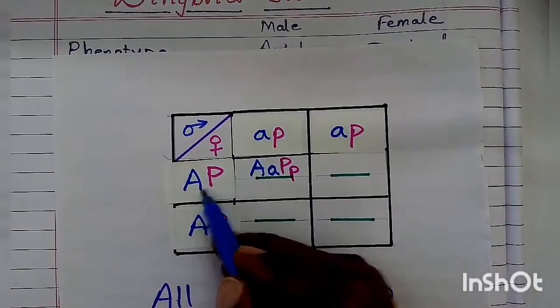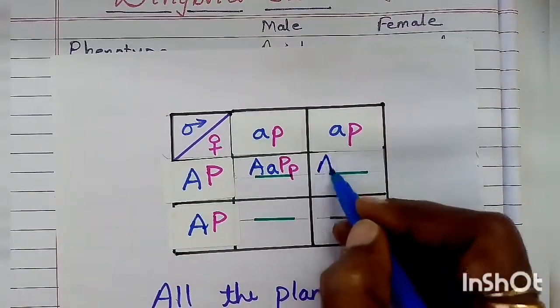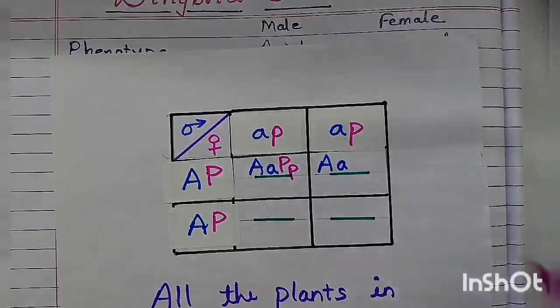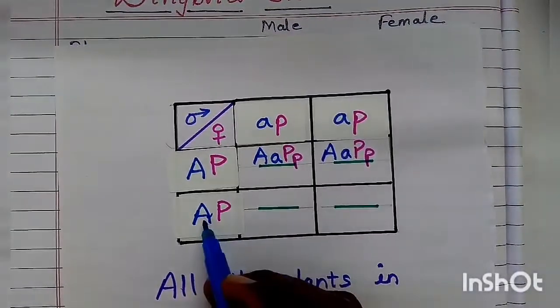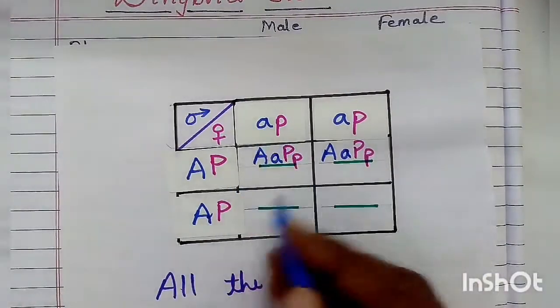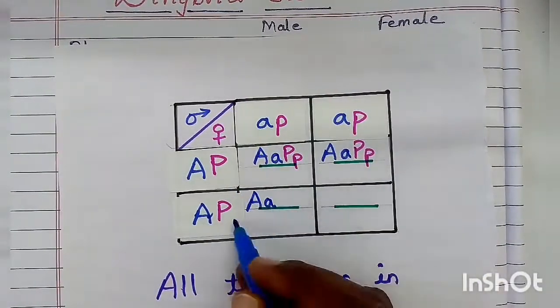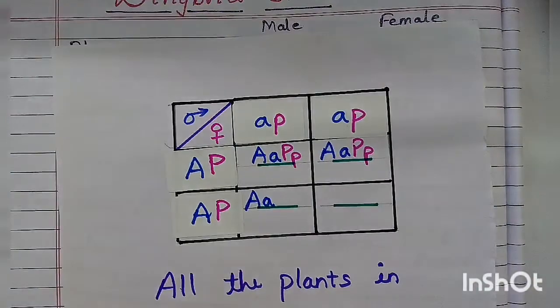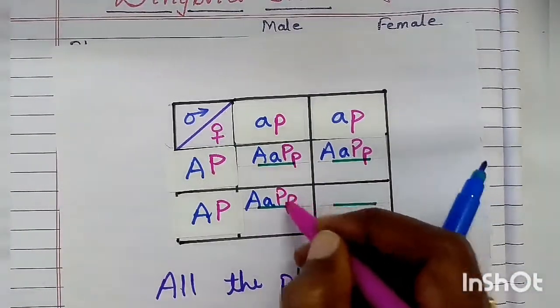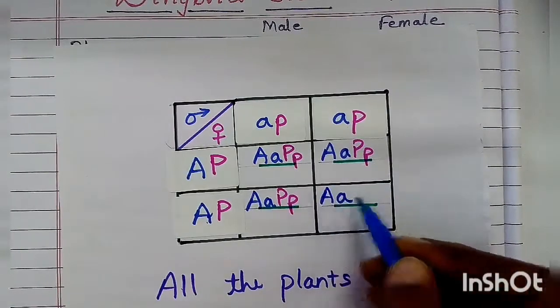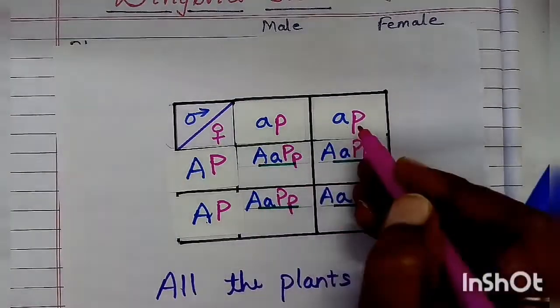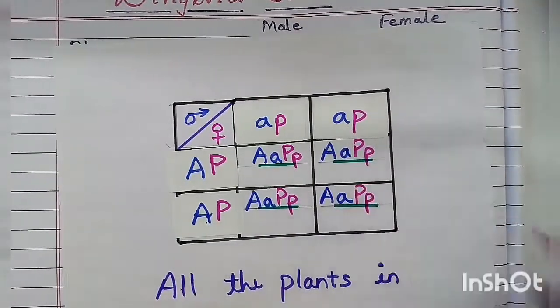If we cross this A with this A, it will become capital A small a, capital P small p. Same for this also, capital A small a, capital P small p, capital A small a and capital P small p.